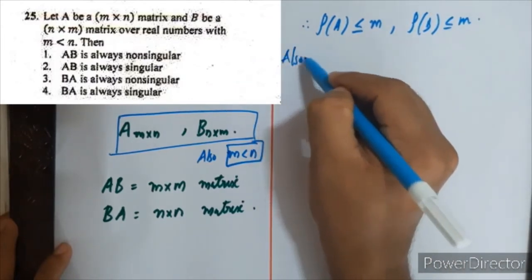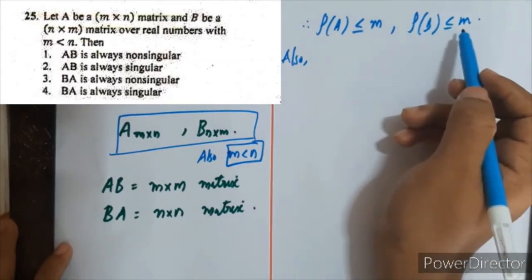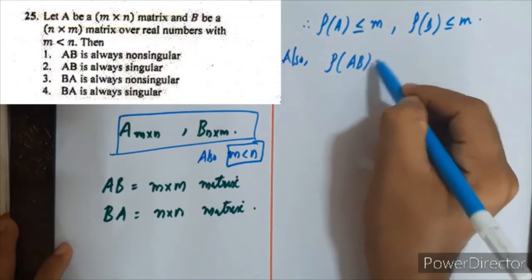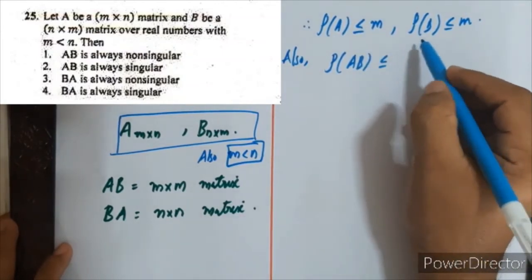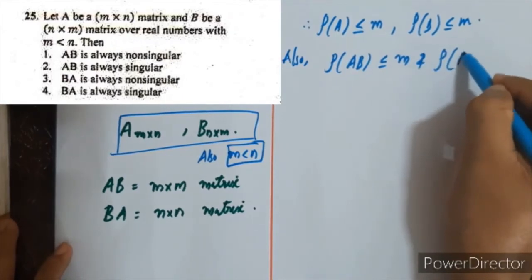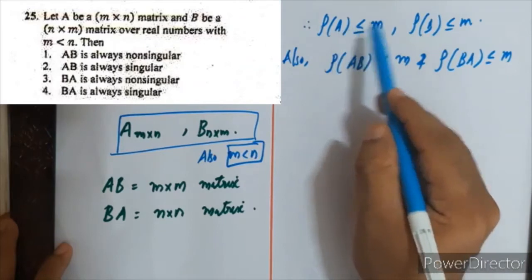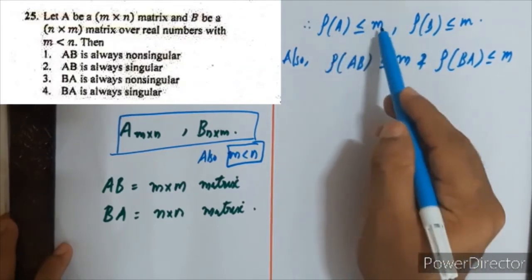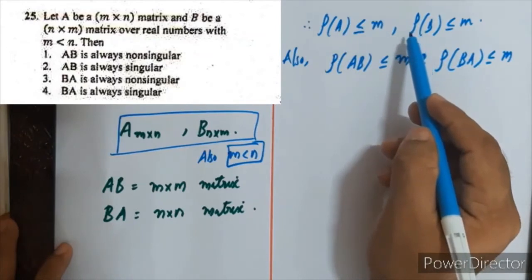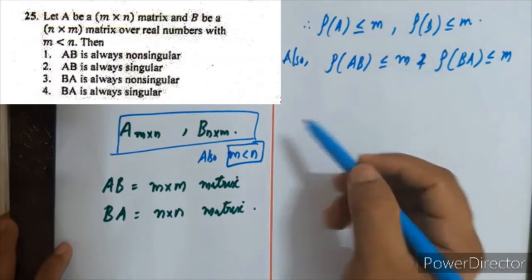Also, we know that if rank of A and rank of B are less than or equal to m, then rank of AB is less than or equal to m and rank of BA is also less than or equal to m. Because the rank of their product must be less than or equal to that quantity.